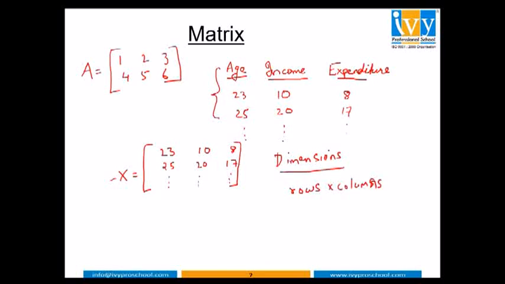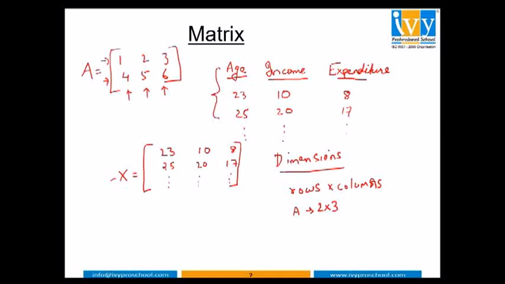So for matrix A, the dimensions are, A has 2 rows, so 2 cross, and it has 3 columns, so 2 cross 3 matrix.